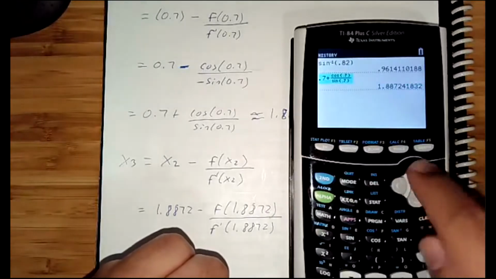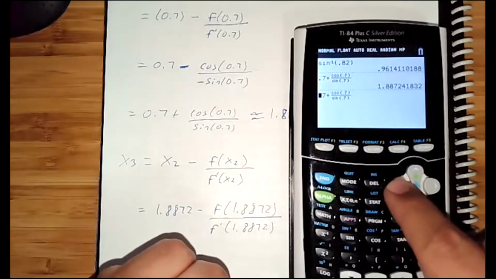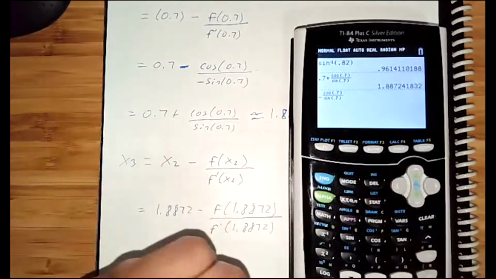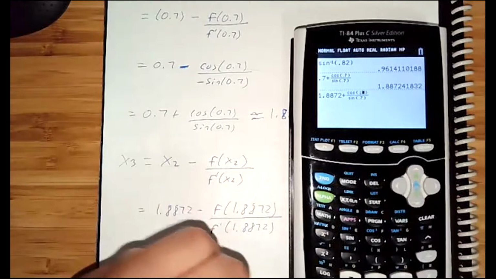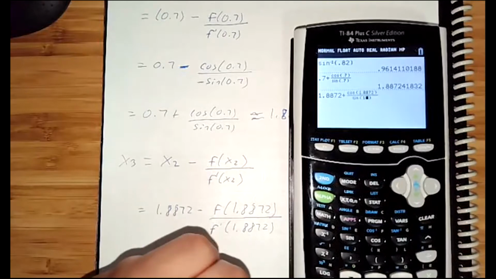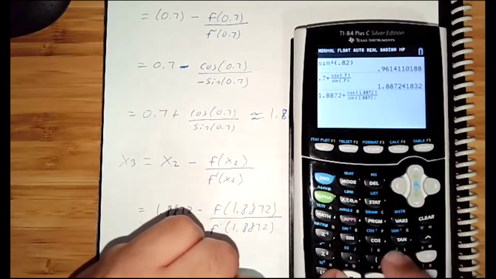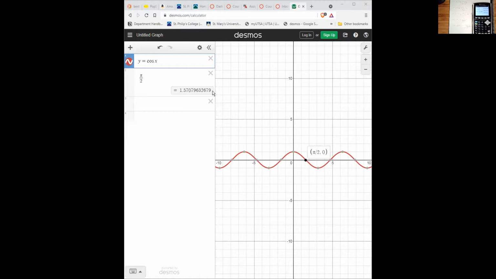Oh, actually, I could just use this up here. Yeah, check it out. We're closer to pi over 2, right? On the third iteration. We're almost there. If you keep going, eventually you're going to get all these digits, very close.